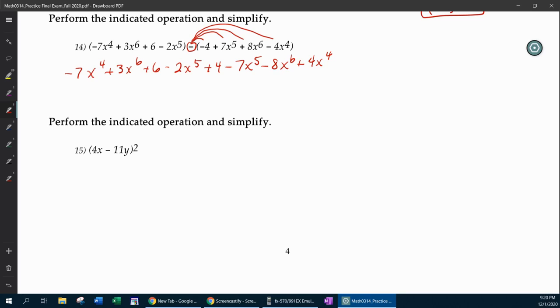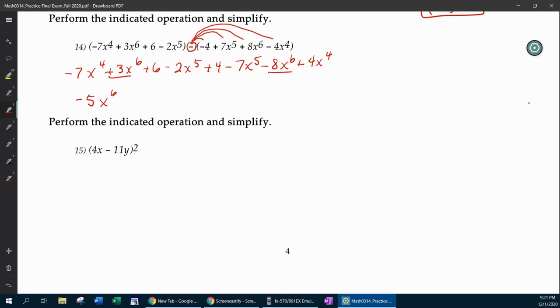And then we need to combine like terms, starting with the biggest exponent first. And the biggest exponent I see is x to the 6th. We have 3 minus 8, which is negative 5x to the 6th. And those are done.